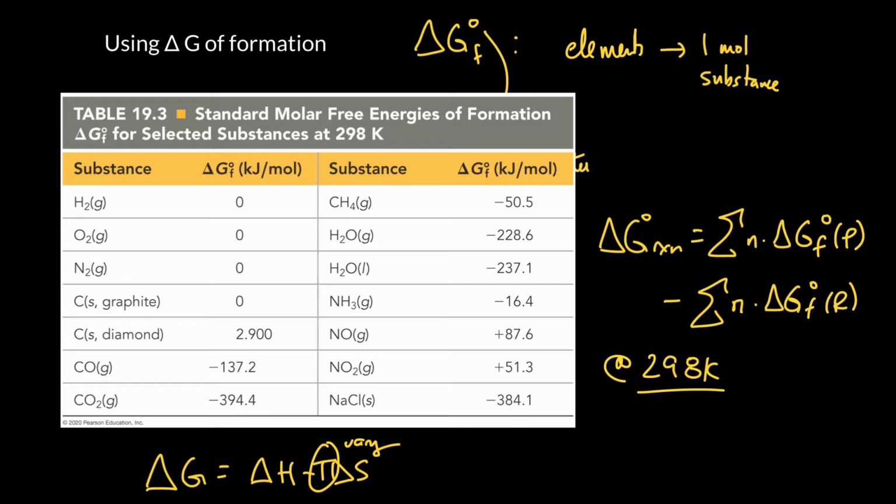So let's go ahead and use this table to perform a calculation. So let's make some diamond from some methane. So let's go ahead and take some methane gas and imagine a reaction. This is really cool, actually. So we can imagine reactions that may not actually occur. But nevertheless, we can do a calculation. So is this reaction possible?